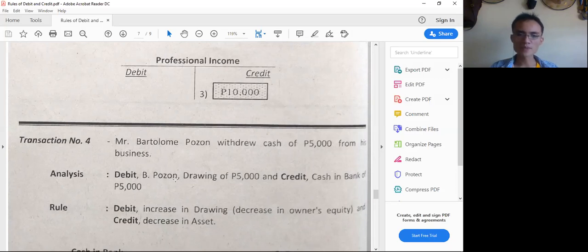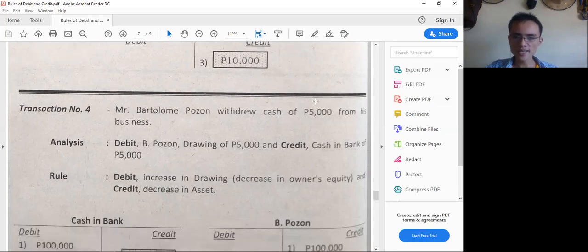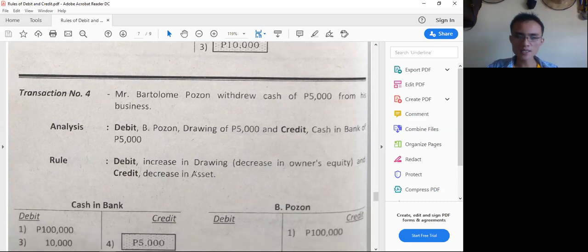So we are going to debit the drawing account and we are going to credit what has been withdrawn from the business. Cash in bank, because it is from the bank, probably. So debit, increase in drawing, and credit, increase in asset. Take note that there's a note here: a decrease in owner's equity.